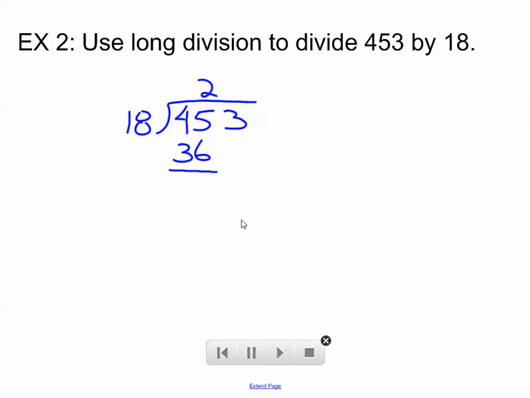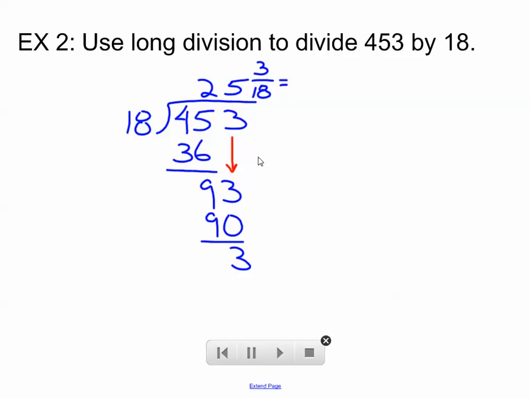At this point, you probably remember that you're supposed to subtract the 36 from the 45. You get 9 left over. It's actually 90, but we'll bring down the 3 and make it 93. Then we ask ourselves again, how many times does 18 go into 93? It goes in there 5 full times. 5 times 18 is 90, which leaves 3 left over, and 3 is our remainder.